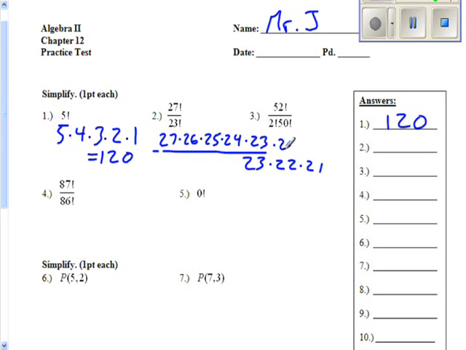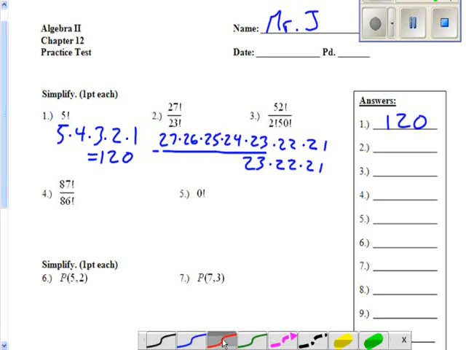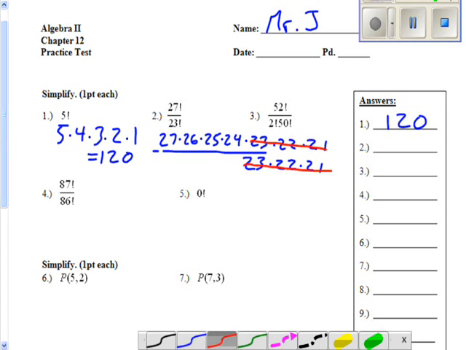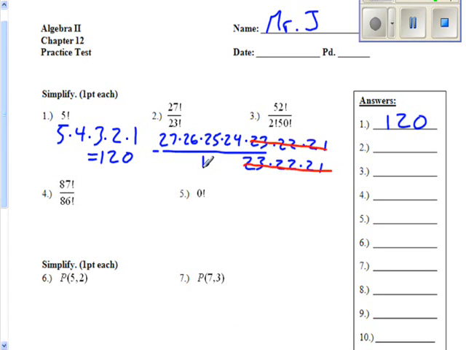And see, right here, everything from 23 on down is going to cancel out. So all of these pieces are gone, which means all we're left with is 27 times 26 times 25 times 24. And when I multiply all of those together, it gives me a whopping 421,200.